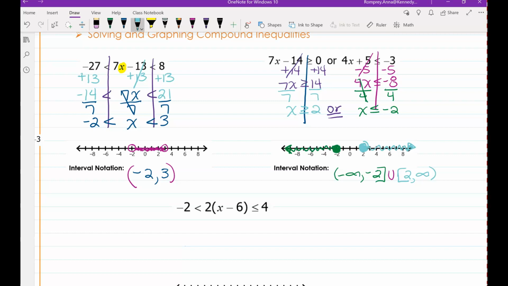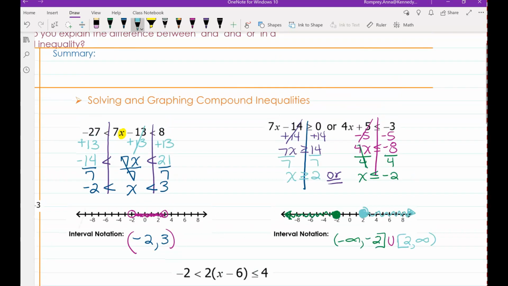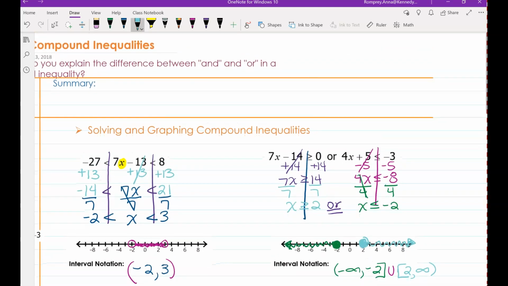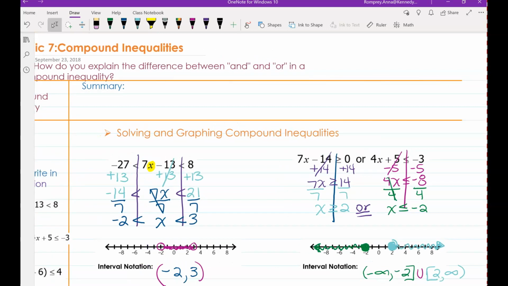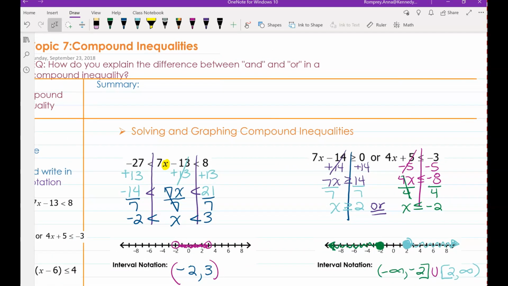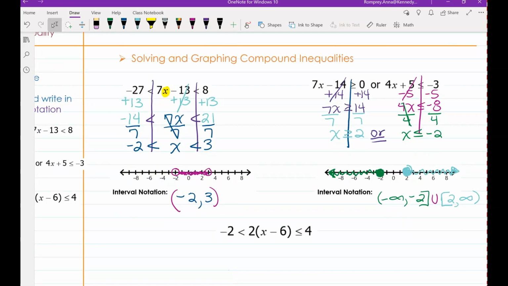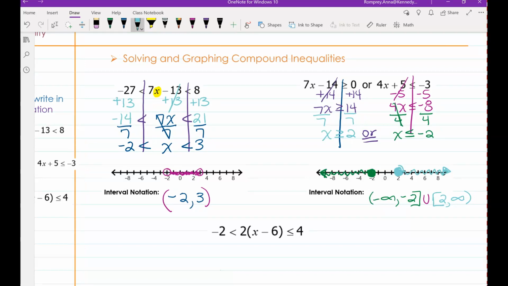So notice, my essential question: how do you explain the difference between and or in a compound inequality? Well, this first example is an and. This solution set is between negative 2 and 3, so it is a smaller solution set.